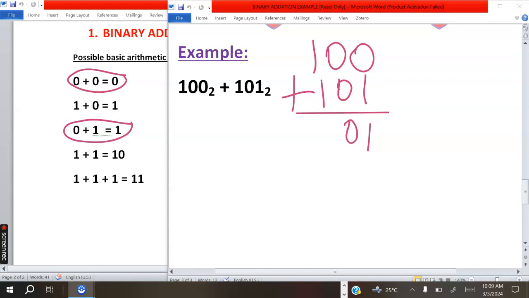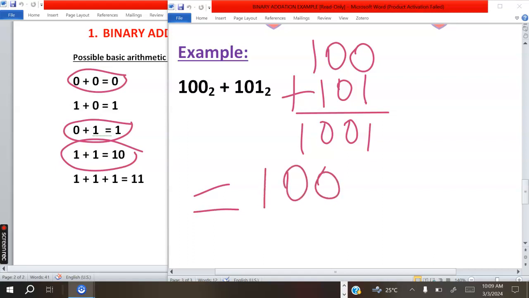Then remember 1 plus 1 is equal to 1, 0. This was quite direct. Therefore, the final answer will be 1, 0, 0, 1 base 2. It is that simple. I hope guys you have understood how to work on the binary addition.